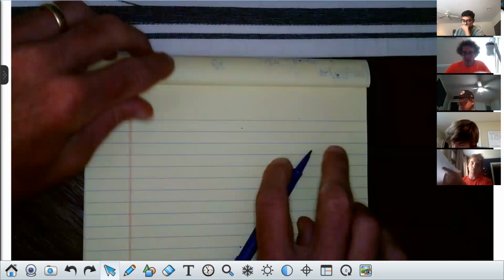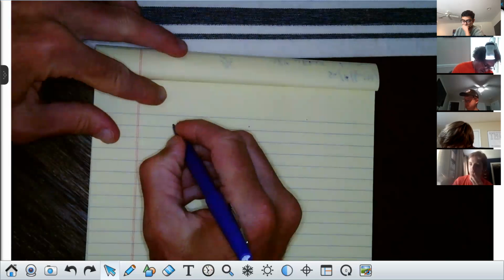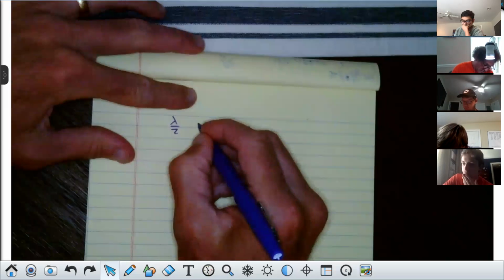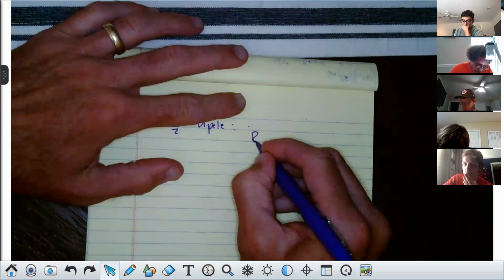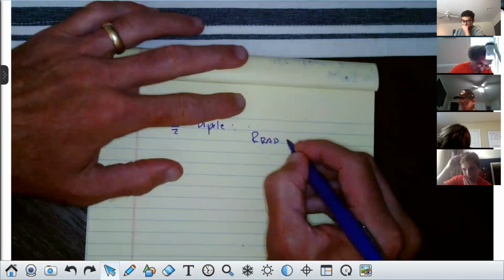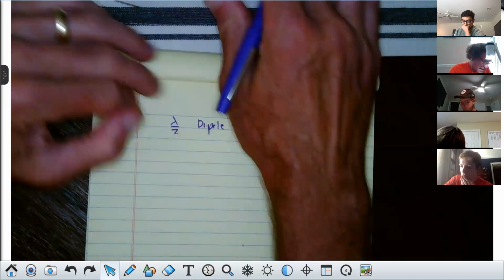I'm not even going to write that down, but when we get total power radiated, we get radiation resistance, don't we, class? I'm going to just tell you what it is. For a half-wave dipole, for a lambda over 2 dipole, the radiation resistance is equal to 73.2 ohms. And he has that somewhere.